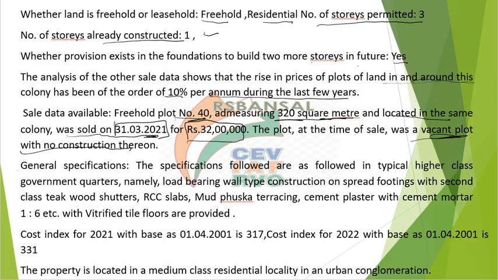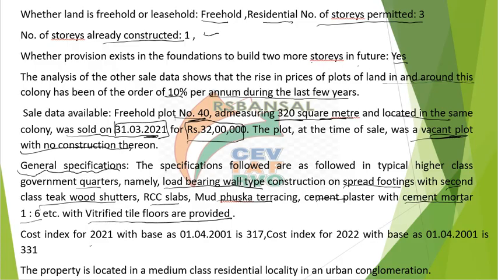So this is the specification of the building for which we have to do valuation. The specification followed is as for typical higher class government quarters, namely load bearing wall type construction on spread footings with second class teak wood shutters, RCC slab, mud phuska terracing, cement plaster with cement mortar 1:6 etc. with vitrified tile floors provided.